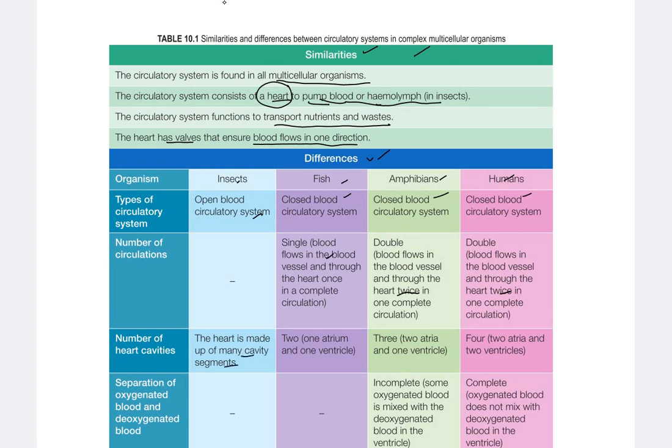For fish, two: only one atrium and one ventricle. For amphibians, three, because they have two atria and one ventricle. That's why the blood will mix inside the ventricle. And for humans, four: two atria and two ventricles.